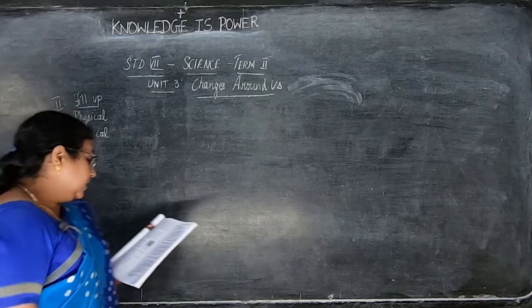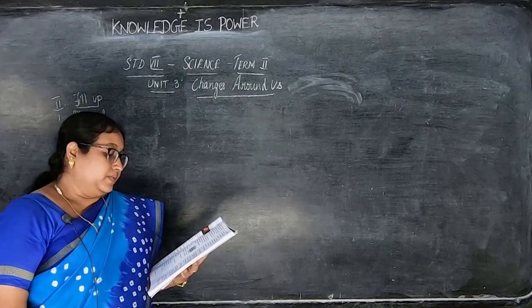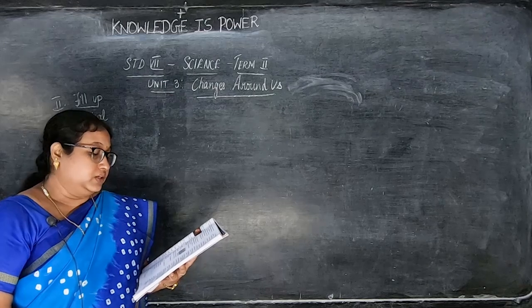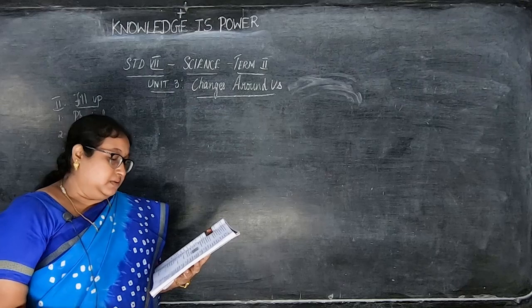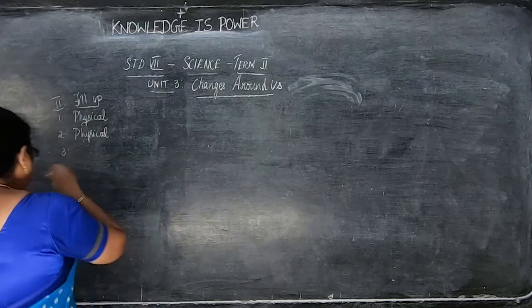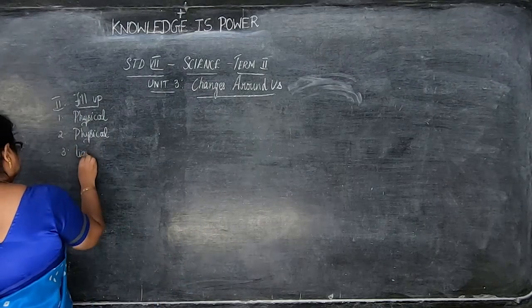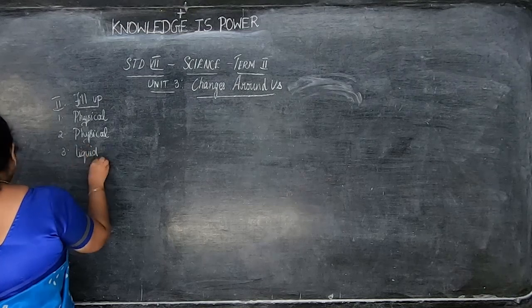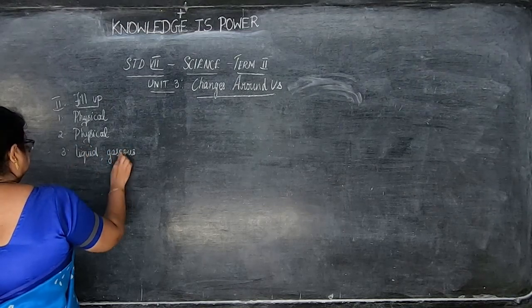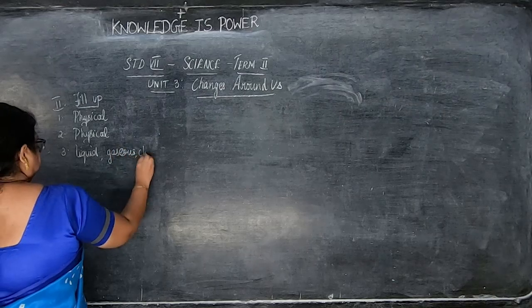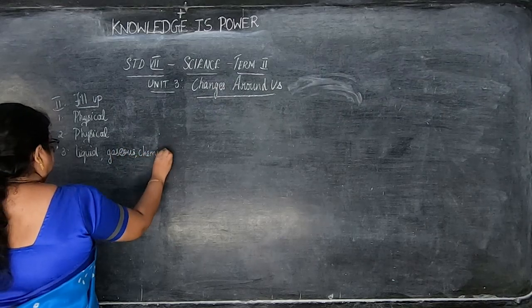And third, opening a gas cylinder knob converts dash fuel into a dash fuel. There is an example of dash change. 3 dashes there. First dash is liquid, next gaseous, next is chemical. Okay, children.